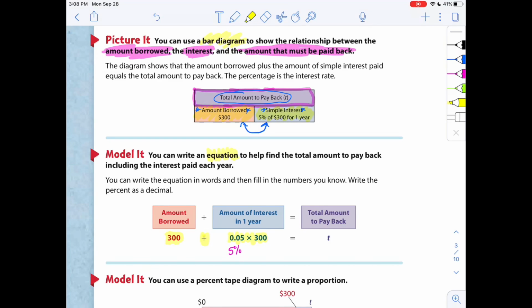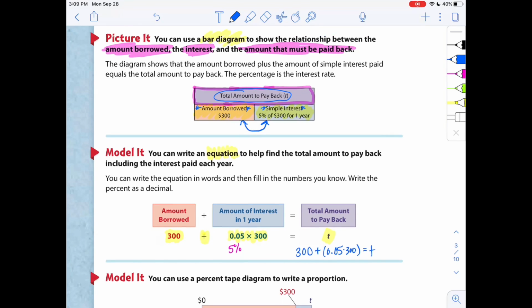We don't know the exact amount of interest, but we can calculate that by multiplying 5% times 300, because that 300 is the amount he borrowed. So those two added together give us our total amount that he's going to pay back. So that would be the equation, 300 plus 0.05 times 300 equals the total amount that he's going to pay back.